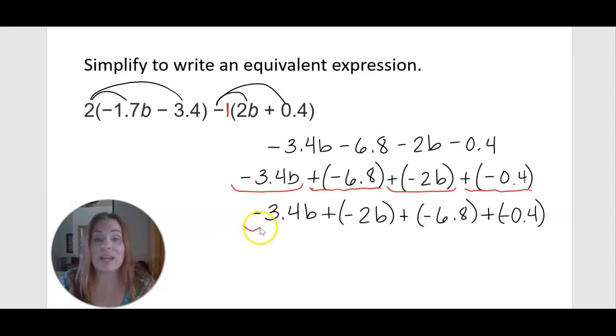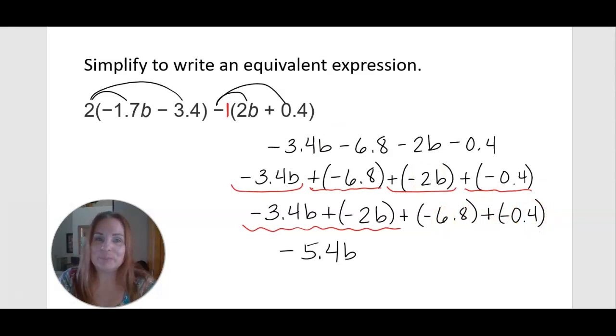All right, so now time to do some addition. I'm going to add these two like terms together. They're both negative, which means they're on the same team. So we just have more players on the team, right? So 3.4 players on the negative team plus another 2 players on the negative team gives us -5.4, right? 5.4 players on the negative team.